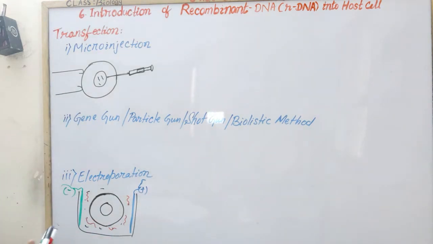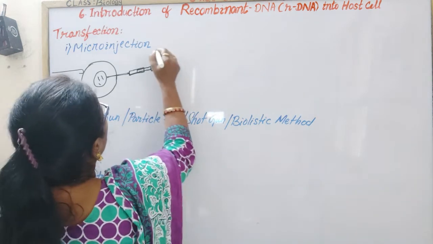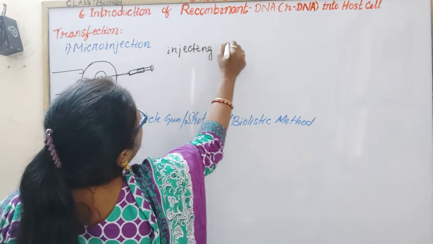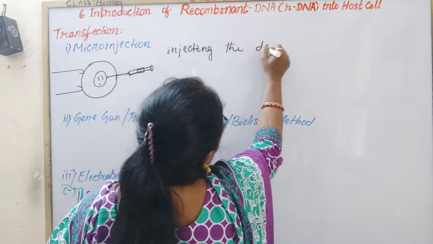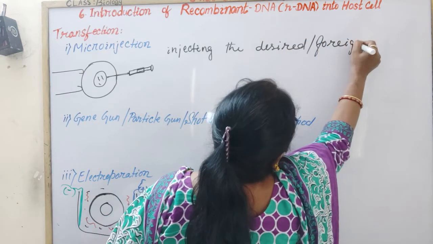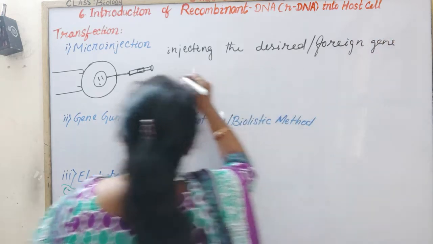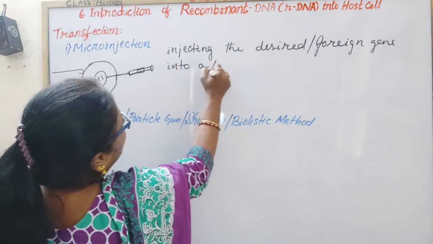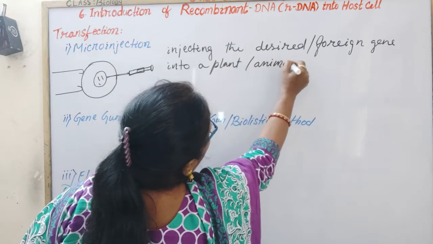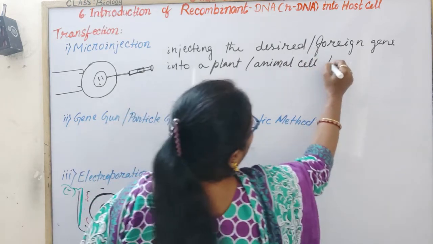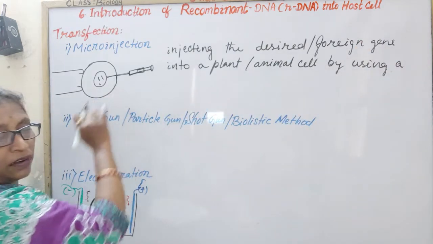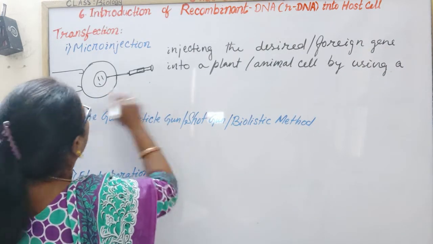Microinjection means injecting the desired or foreign gene into a plant or animal cell by using a fine needle or micropipette and a holding pipette.